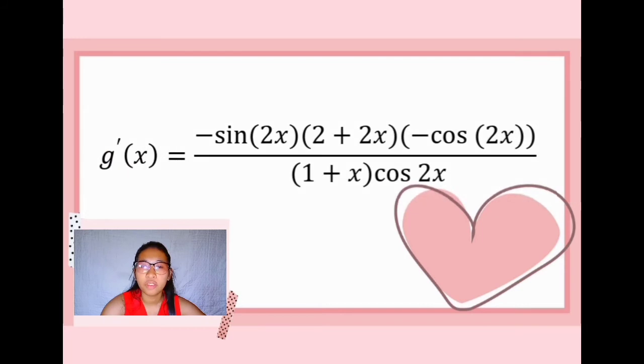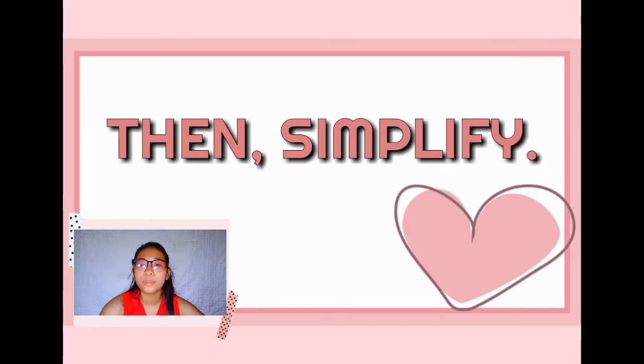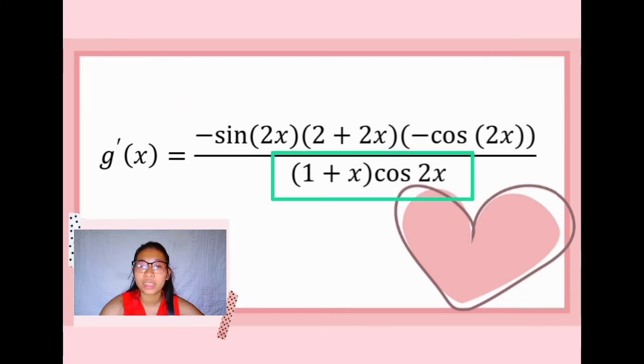Now, we have the first derivative of g of x is equal to negative sine 2x times 2 plus 2x minus cosine of 2x all over 1 plus x times cosine of 2x. To simplify it further, let's multiply negative sine of 2x to 2 plus 2x and 1 plus x to cosine of 2x.